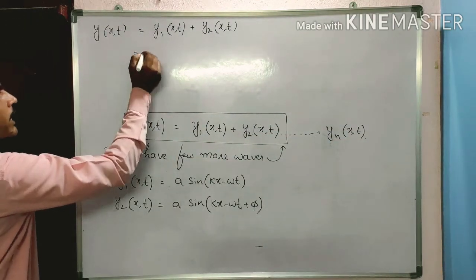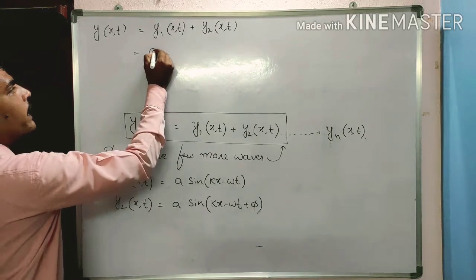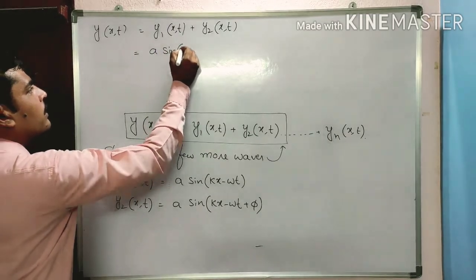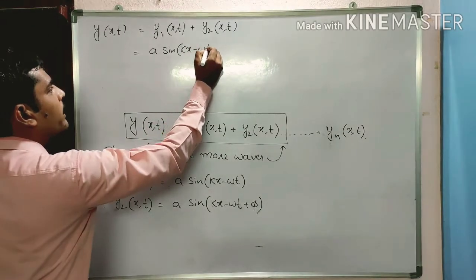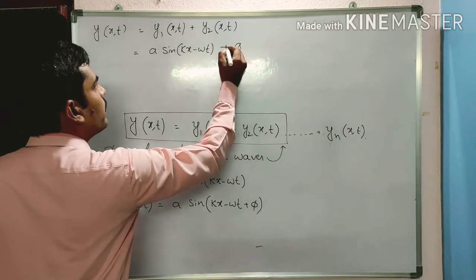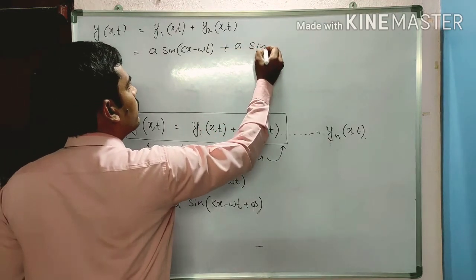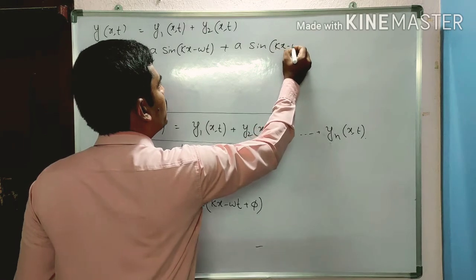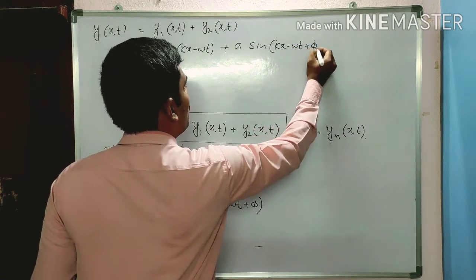So y = a sin(kx − ωt) + a sin(kx − ωt + φ).